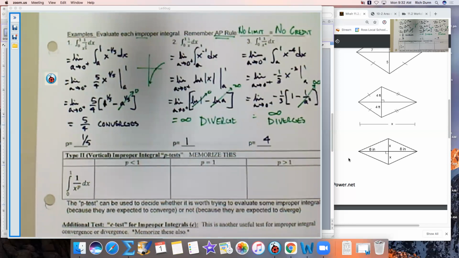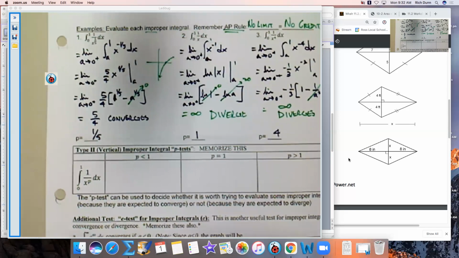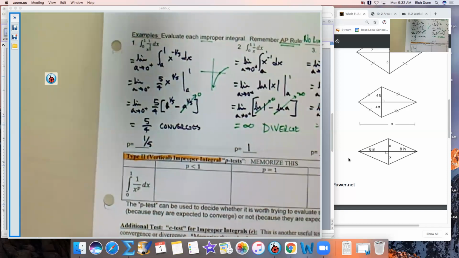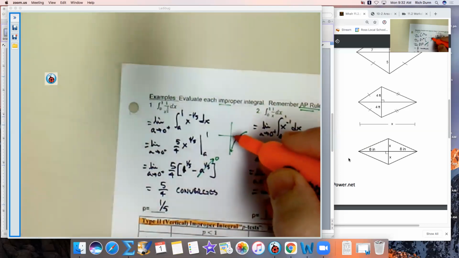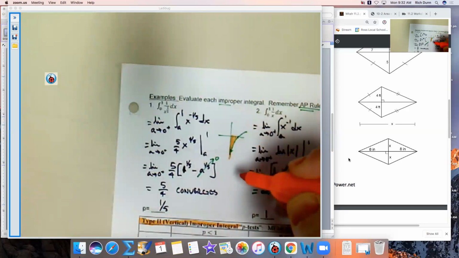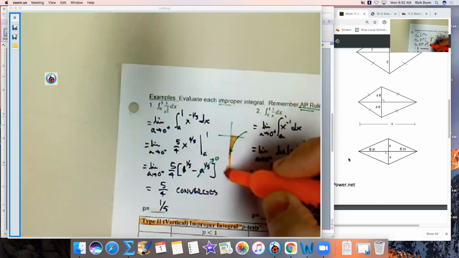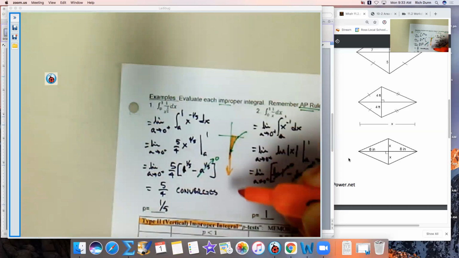In these three examples, we have our vertical improper integrals. You can see from my quick little sketch here, we're improper on all of these as we're going to 0 from the right. We get this area that's spewing out vertically from that.